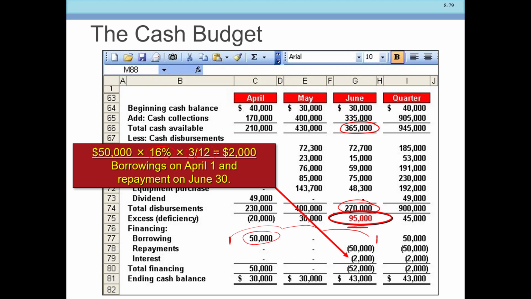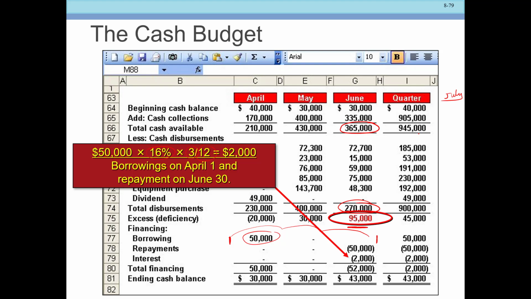Because the annual interest rate of 16% is for 1 whole year, and we borrowed the money only for 3 months. So the 50,000 multiplied by 16% multiplied by 3/12 is 2,000. I will pay the 52,000 and the remaining will be 43,000 that will continue with us for July, whenever we are going to prepare the budget for July.